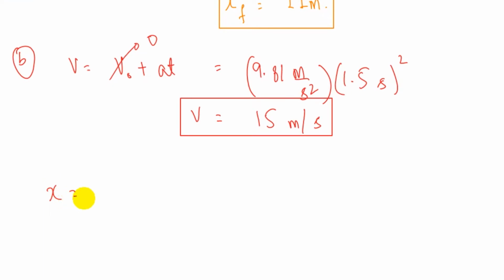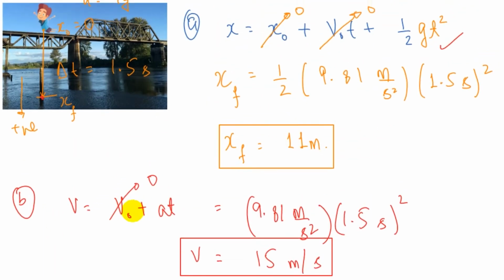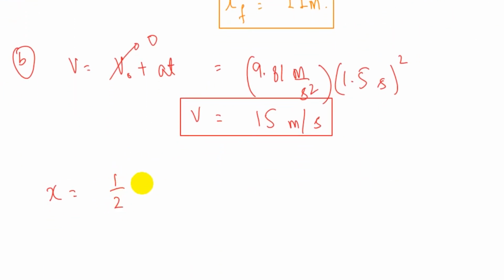So x is equal to x naught plus v naught t plus 1 over 2 g t square, where v naught is 0. From here we can write, for the C part, that t would be equal to the square root of 2 times x divided by g.